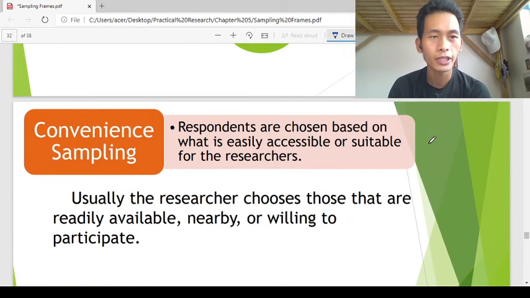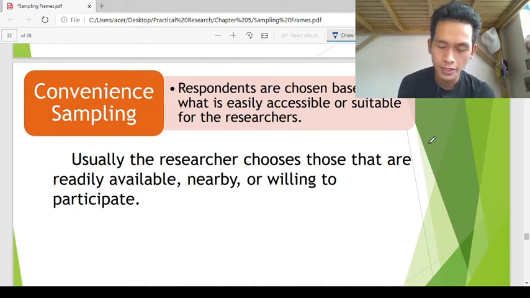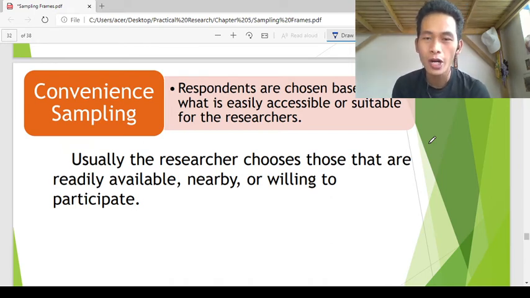We'll start with convenience sampling. From the term convenience, the researcher is looking for the respondents of the study at their own convenience. Respondents are chosen based on what is easily accessible or suitable for the researchers.